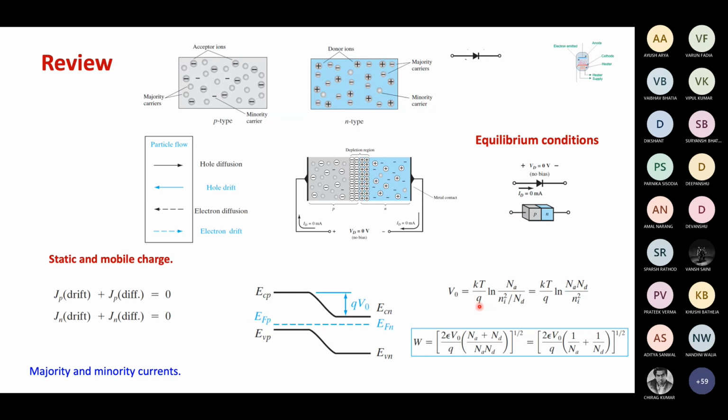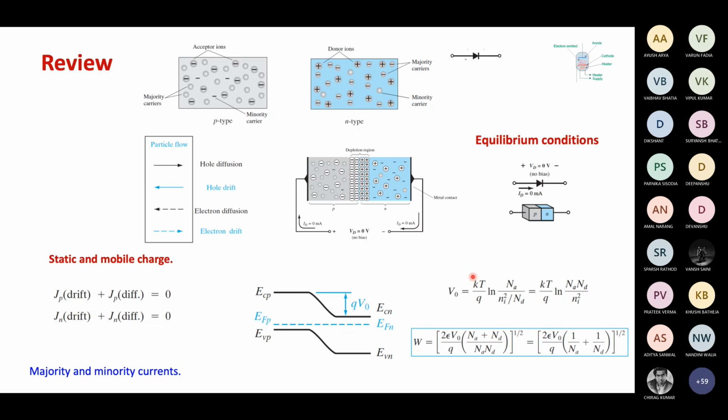So quickly, can you do this calculation on your own? What is the value of VT at room temperature? As you can see, VT is only dependent on temperature. The rest of two parameters are constants. So VT is also known as the thermal voltage, and it is given by KT by Q. I would recommend all of you to do this calculation.